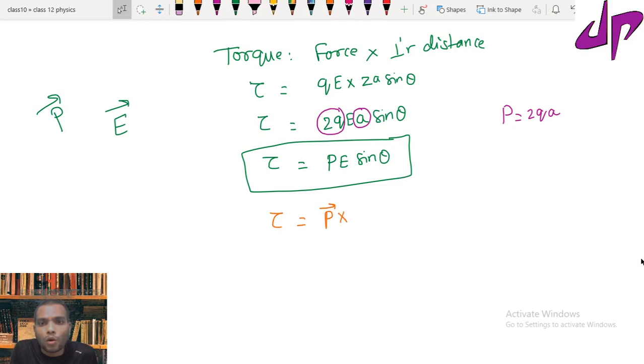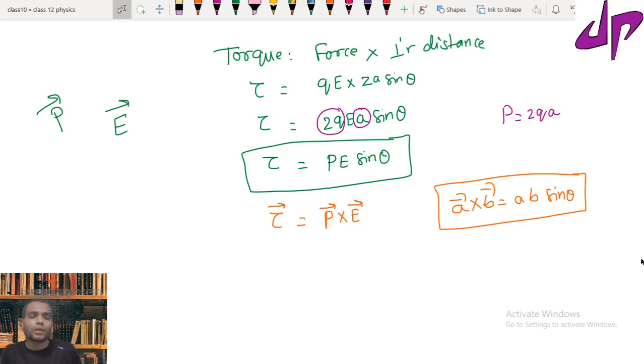Or if you think logically, tau equal to PE sin theta, which I can also write as P bar cross E bar. It means the cross product of two vectors. So we know that A bar cross B bar equal to AB sin theta. So this is the cross product of two vectors. So easily we can figure out the torque direction.